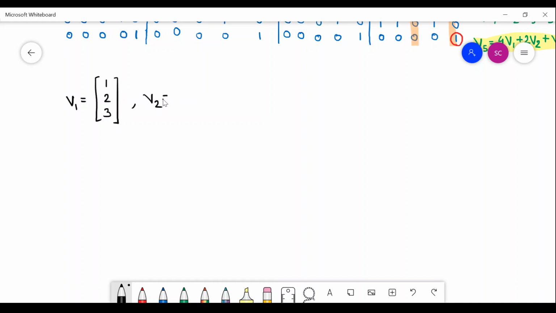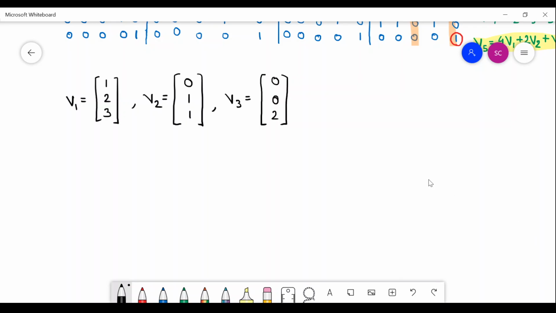I'm randomly choosing this because I don't have such things in my notes. Then 0, 1, 1, and 0, 0, 2. So I believe that they will be independent. Let me just quickly check.